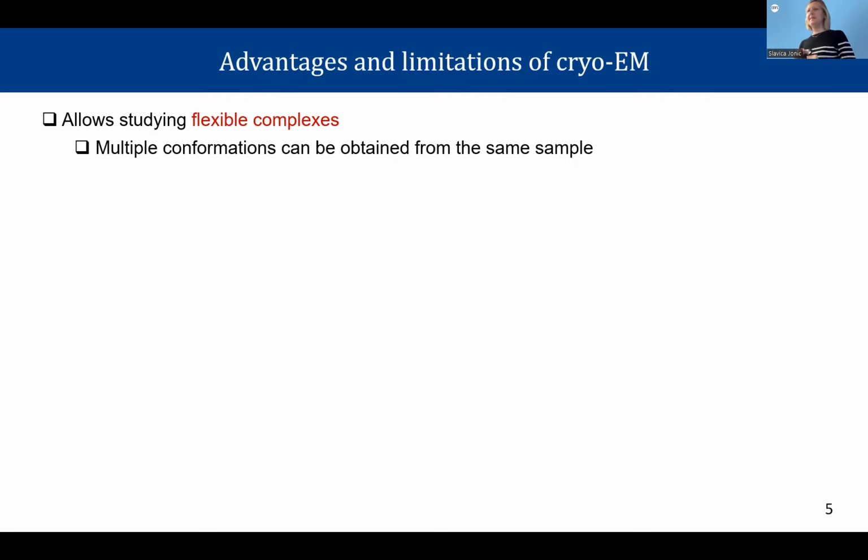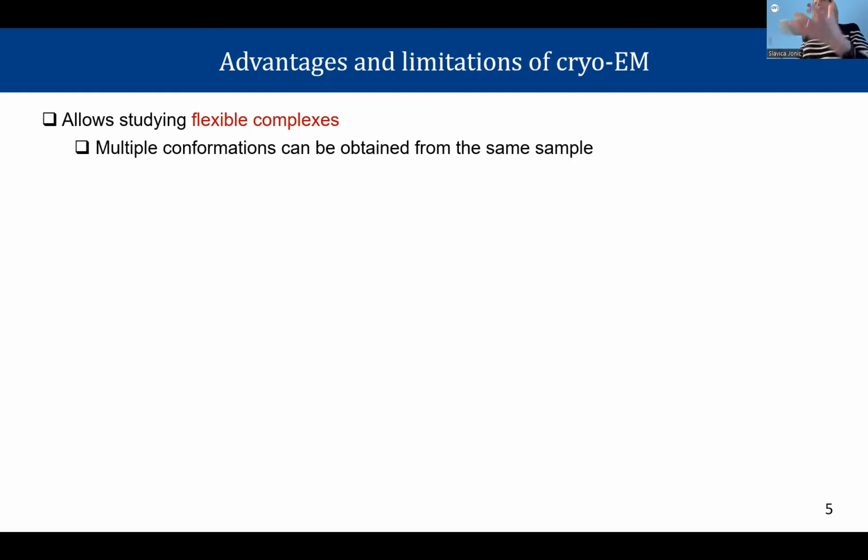This is another problem, how you define and calculate the resolution. But 15 years ago, we were speaking about a resolution below 1 nanometer, which was a very good resolution. Today, high resolution is 1 to 2 angstrom. So it's 10 times better.